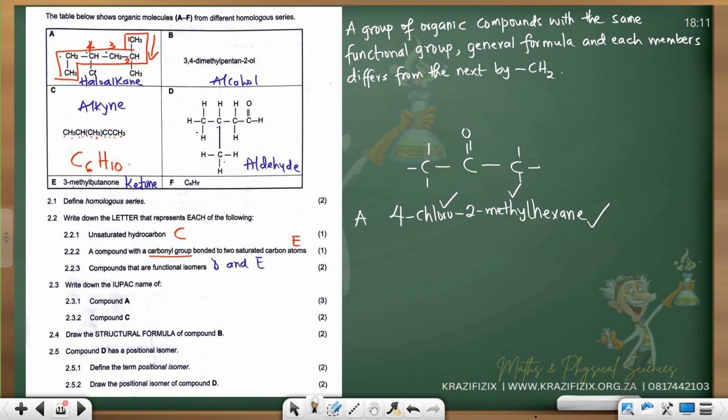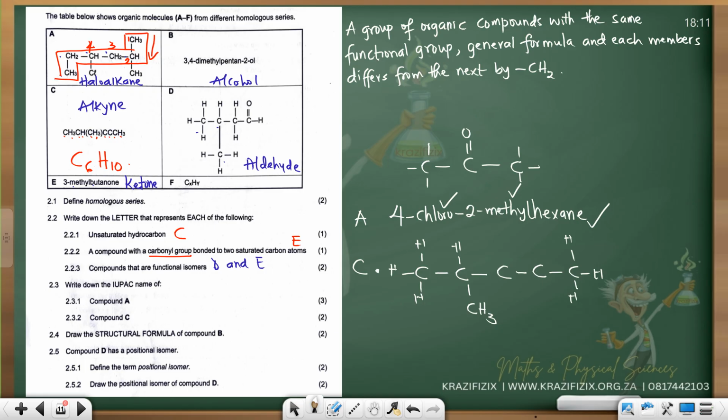Can we draw? What do we have? CH3. We have CH. Then I have what? A CH3 in brackets. Then I have a carbon, and CH3. So if you look at this, there's something fishy there in the middle.